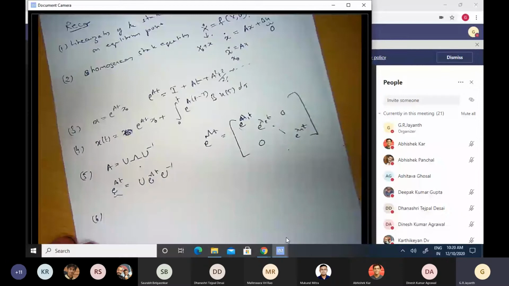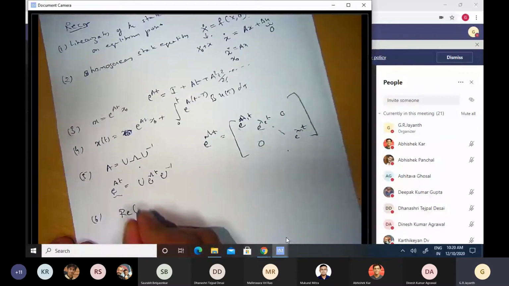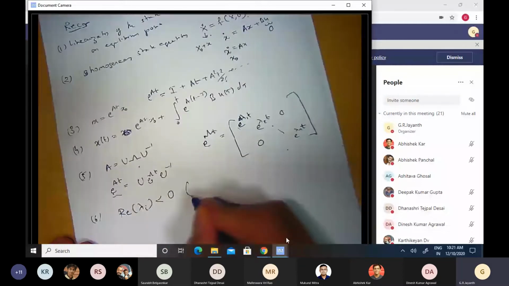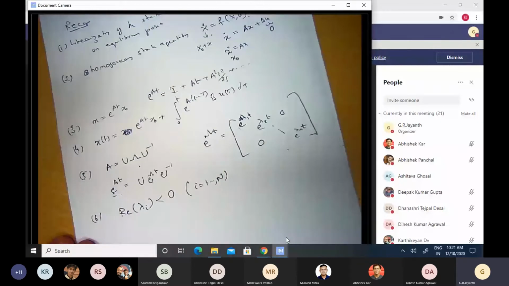In particular, if the real part of all of the lambda i, where i goes from 1 to n, is less than 0, then every single term here decays as a function of time.